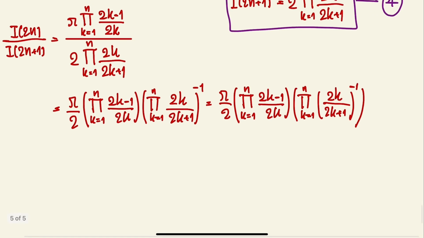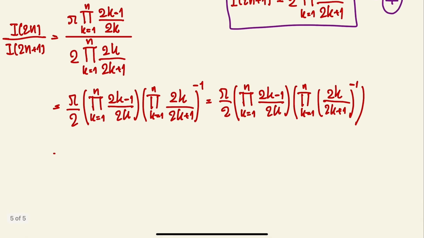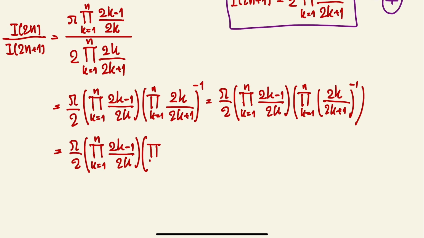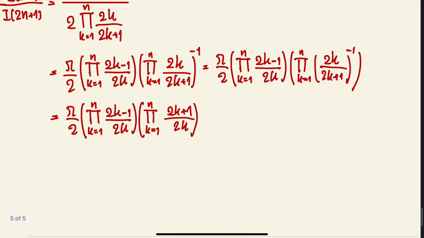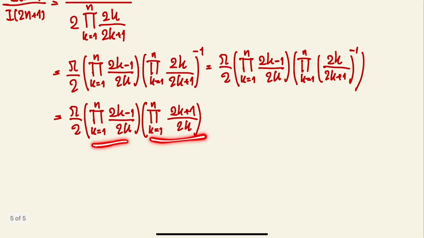Now it turns out to be the big pi from k equal to 1 to n of k plus 1 over 2k, by the property of the big pi.